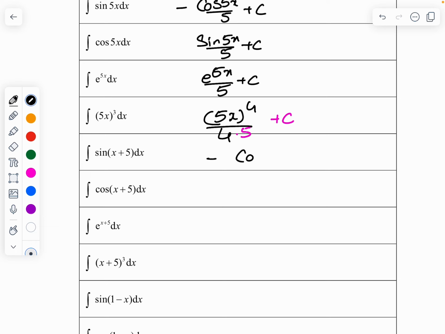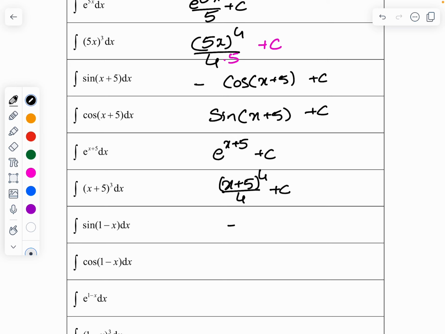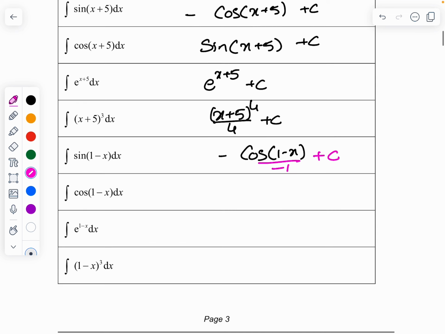Over here minus cos of x plus 5, sine of x plus 5, and don't forget to write plus c. e power x plus 5 plus c, x plus 5 whole power 4 upon 4 plus c. Minus cos of 1 minus x, and don't forget to write divide by minus 1 plus c.